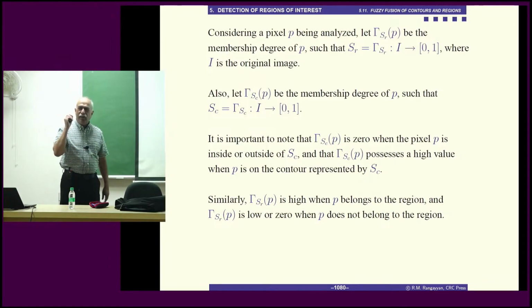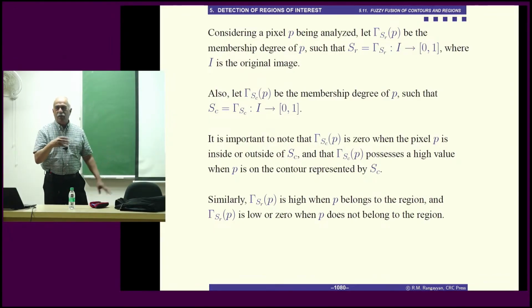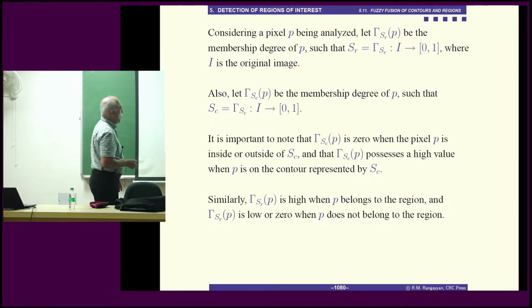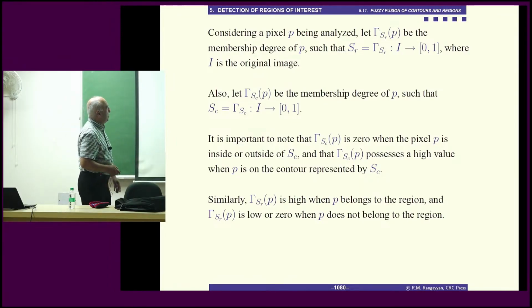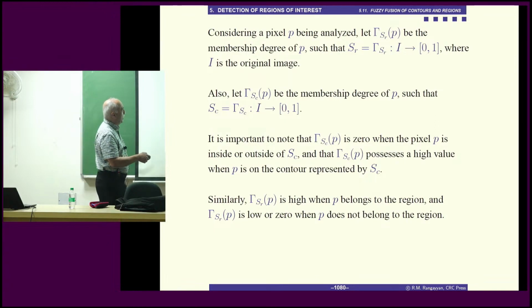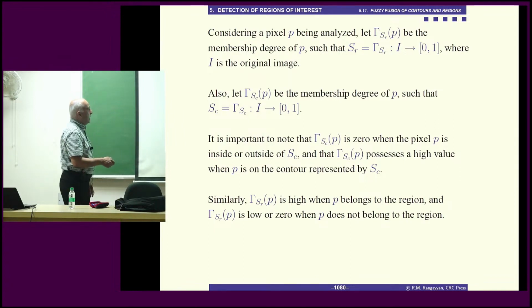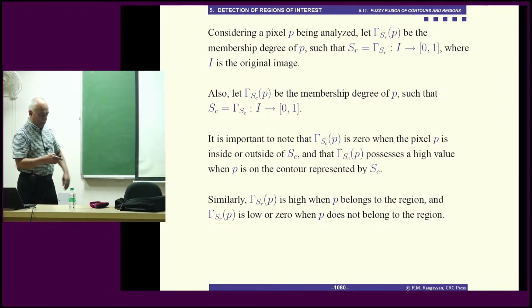It's equal to 1 only on the contour. Now you may say, well, everything inside the contour belongs to the object. That's possible, but certainty exists only on the contour because that's what is given to you. And it possesses a high value when P is on the contour. Similarly, it belongs to the region and it is low or 0 when it does not belong to the region from the other input.